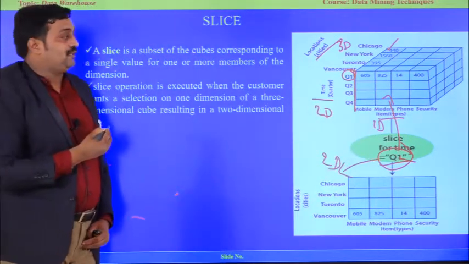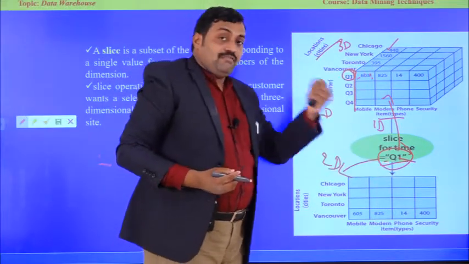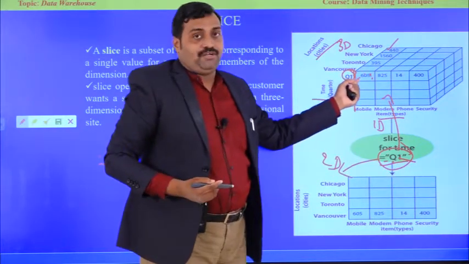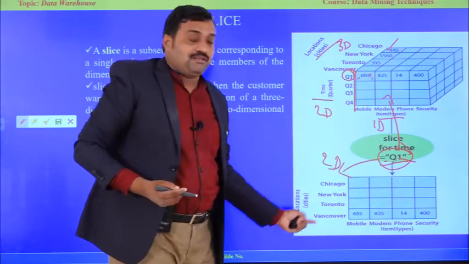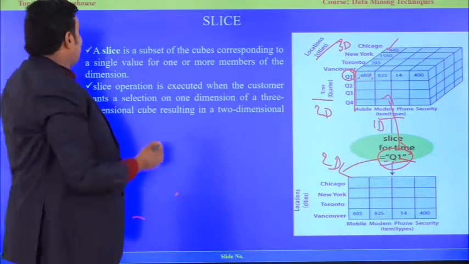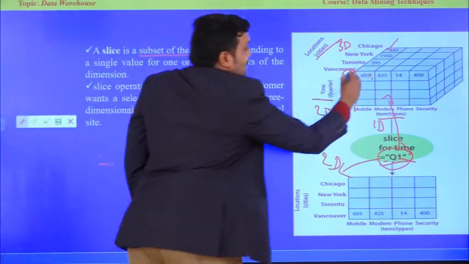That's the slice operation. See here, this is 3 dimensions. I need a 1-dimension condition, that is, a Q1 report: the sales of quarter 1 for a particular product, shown in 2-dimensional data, which is a table. Slice is a subset of the cube.